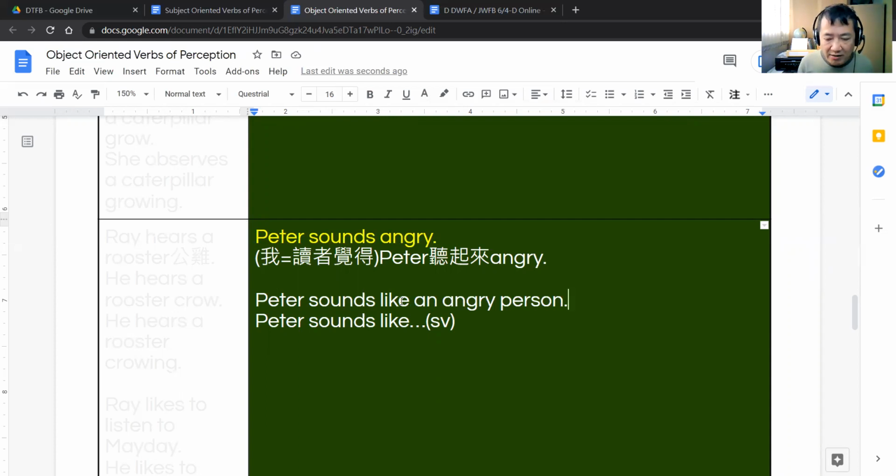Peter sounds like, okay, let's say we can be a little bit more literary, and we say Peter sounds like, you know, roaring thunder, like thunder, like thunder. He sounds like thunder, right? He's very loud and angry, okay, right? Something like that. Any noun, okay? Anything you want to say. Okay, let's just say thunder.